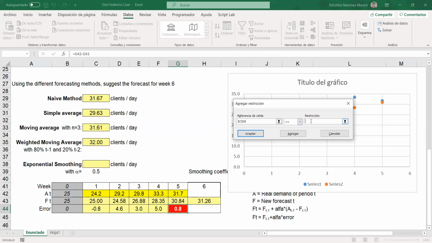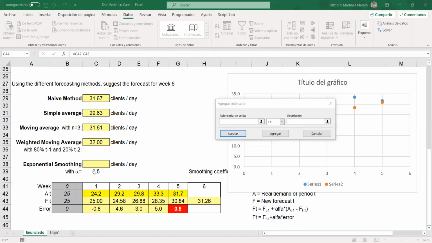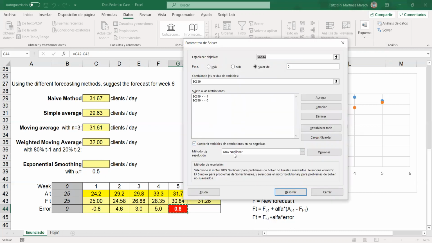It is less than or equal to 1. That means it can't exceed 1. And my alpha is greater or equal to 0. That means it has to be above 0. And here's very important. We got to make sure that it says nonlinear. It cannot be simplex. It's going to be nonlinear.